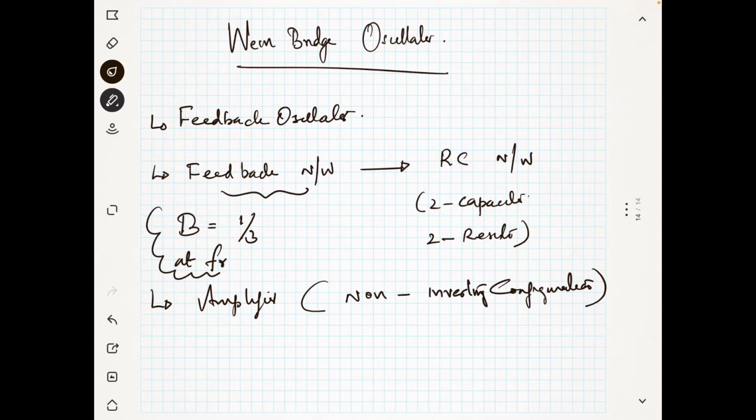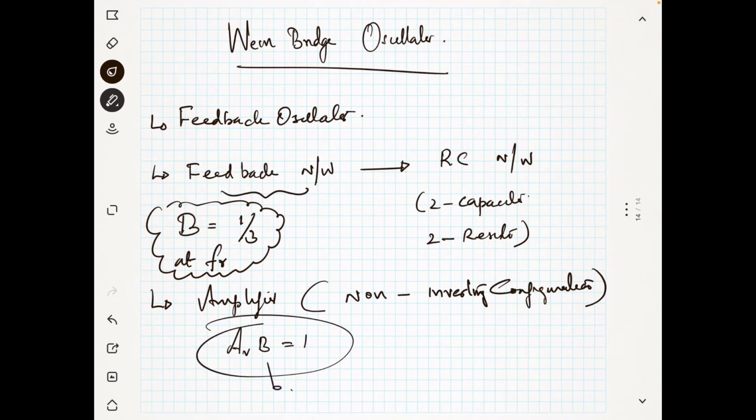So, this is the main point regarding the feedback network. We know that one of the conditions for oscillation is that the total phase shift is equal to 0, and another condition is that the closed loop gain, AV into B, should be equal to 1.